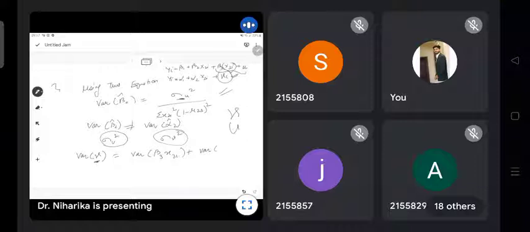So this is plus the variance of the ui term, and the formula for the covariance of ui is given.